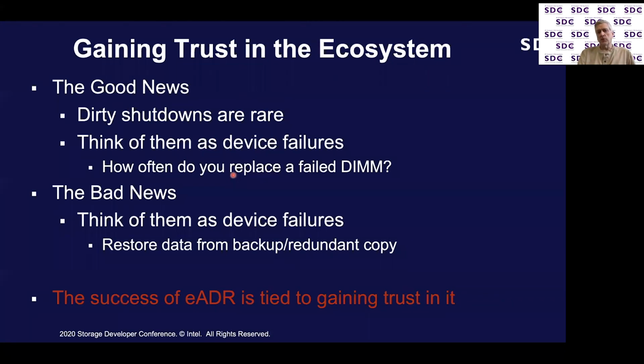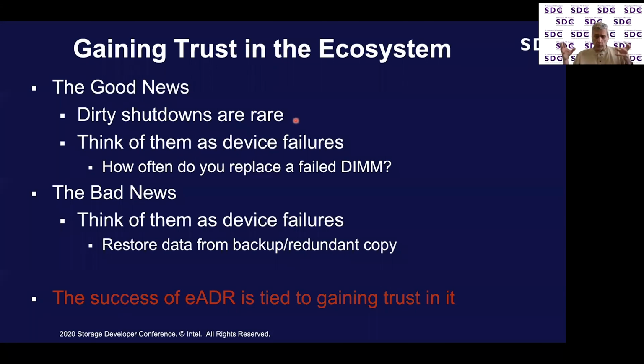So there's an aspect of this flush on fail where you have to gain the trust of the ecosystem. And the good news is that these dirty shutdown cases, which sound kind of scary, are rare. They're intended to be on the order of a device failure. How often do you have to replace a DIMM in your server? It happens, but it's not super frequent because the machines and the DIMMs are pretty reliable these days.